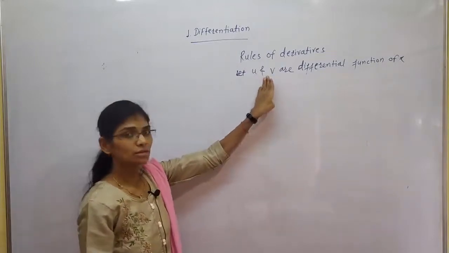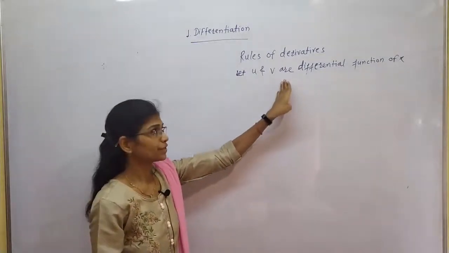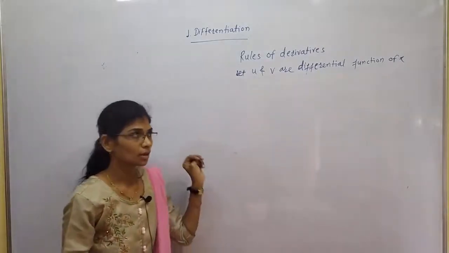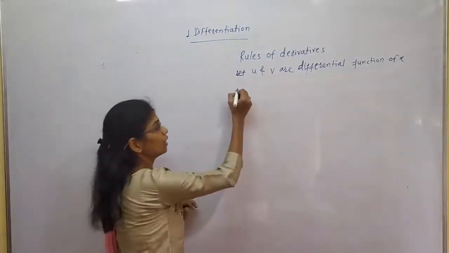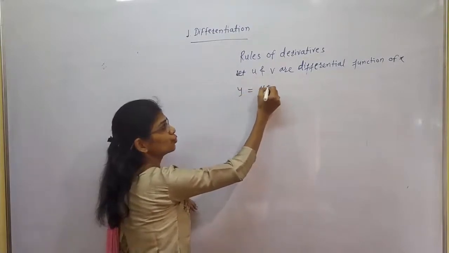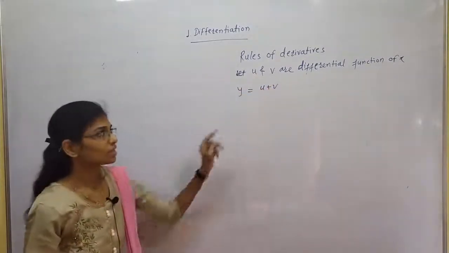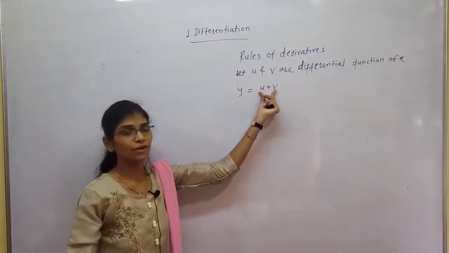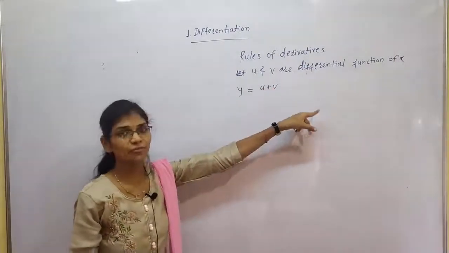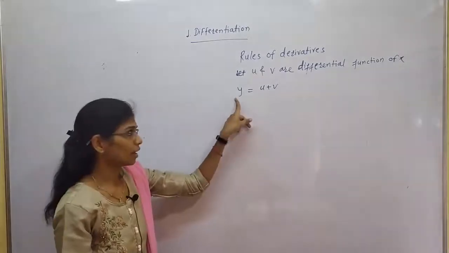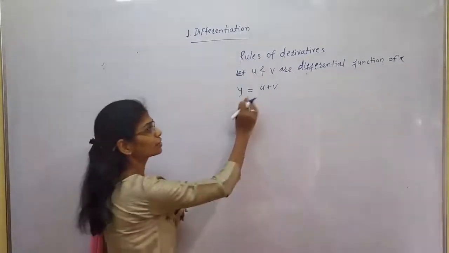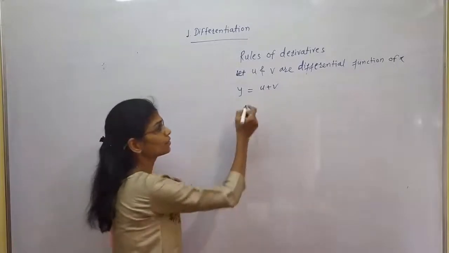Two functions u and v which are differentiable functions of x. Now if y is equal to u plus v, there is addition between these two functions. These are different functions but having the same variable x, and y is equal to u plus v, then differentiate it with respect to x.